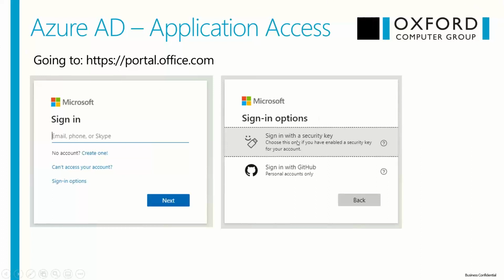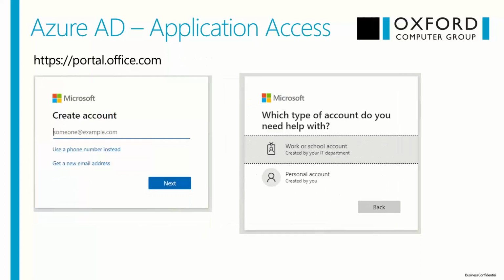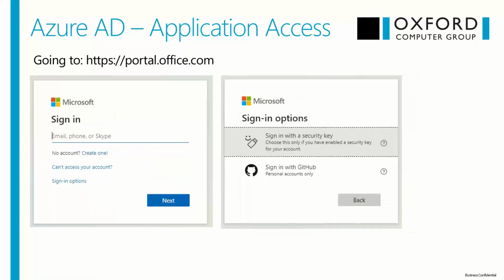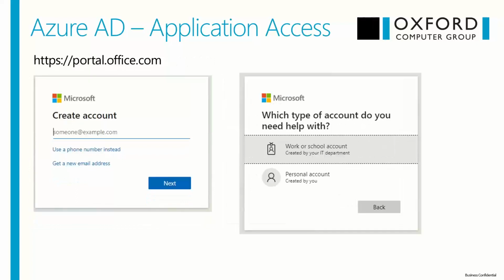There's no account, create one, but you also have sign-in options at the bottom. If you click on that, at least in this example, you've got a couple of things you can sign in with. In some situations you see more, in some less. Below that, it says create an account, and then you have an account creation screen, and if you need help, another screen comes up where you can ask for help.